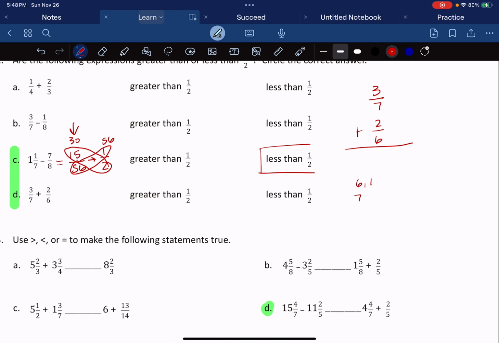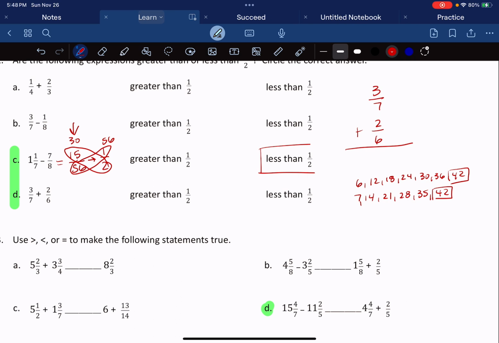I get 6, 12, 18, 24, 30, 36, 42. I get 7, 14, 21, 28, 35, 42.